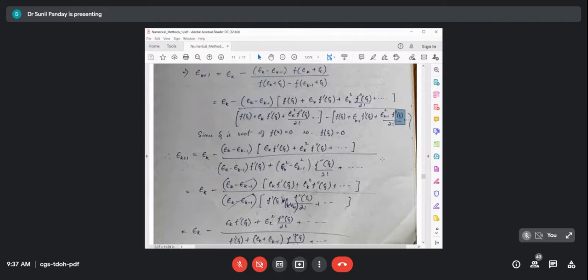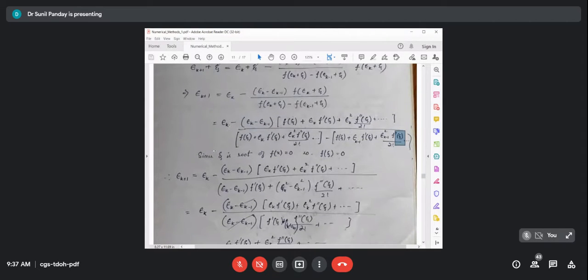Since we are assuming here that xi is the root of the function f(x), it means f of xi is 0. So we substitute f of xi as 0 here. We substitute 0 and 0 here also; even though they cancel out, if we substitute there also, this f of xi will be 0 everywhere, as xi is the root of the given equation f(x).